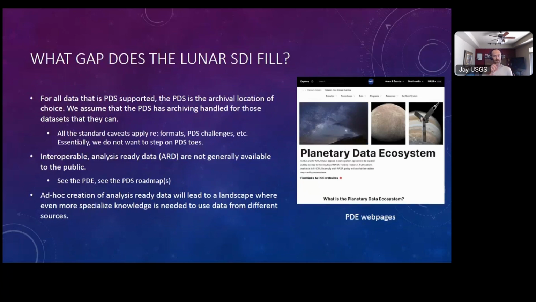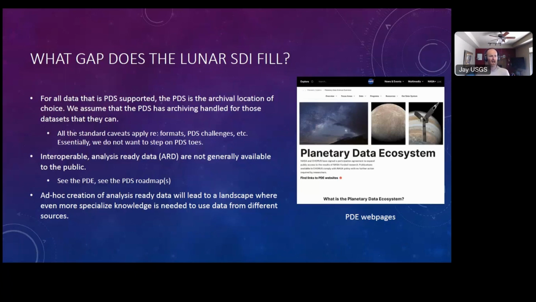And so we are attempting to fill that gap that exists between the PDS and our data users. We posit that interoperable analysis-ready data are generally not available to the public. If you don't believe me, check out the PDE and multiple PDS roadmaps, and you will see the broad community saying, hey, these data are not necessarily highly usable yet.